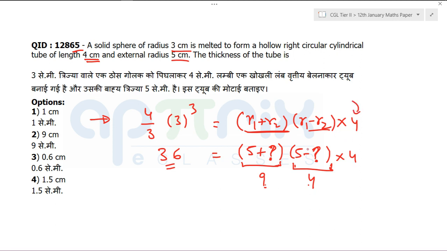Now you can see this 4 will get cancelled out with this 9. We are getting 9 on this side. Now just see how we can get 9. 9 into 1 will give me 9, and you can clearly see that this question mark is not different at both places. It is 4 here, 4 here. And this length is actually known as the thickness. R1 minus R2 is the thickness here.